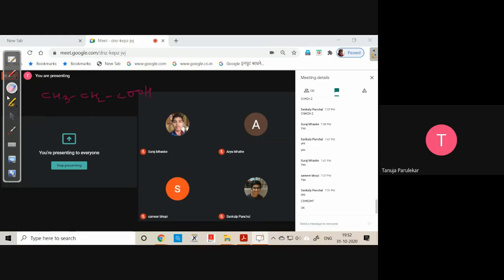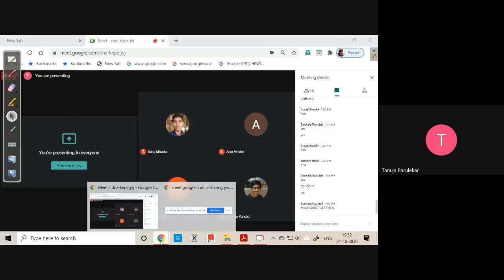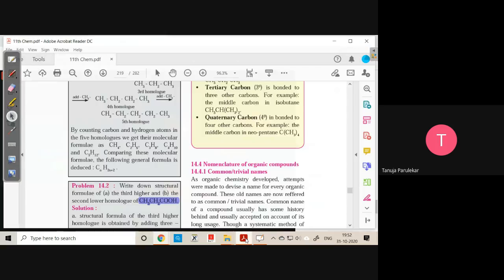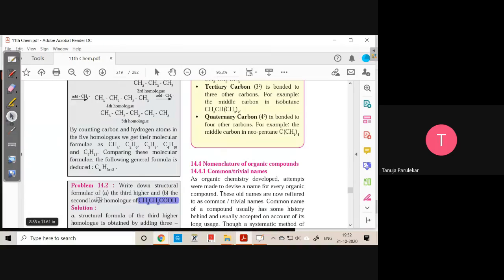If you all have the book, don't look into the book. We are just trying to see if you can do it. Write down the structural formulae of the third higher. So this is the third higher of this.